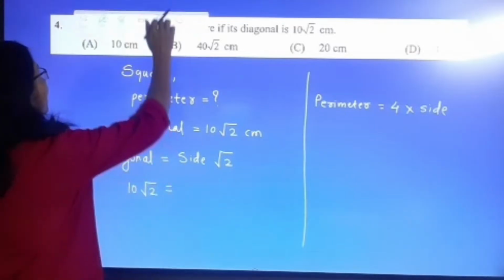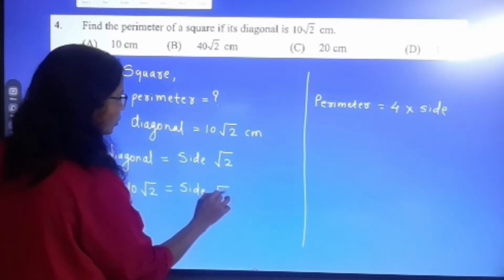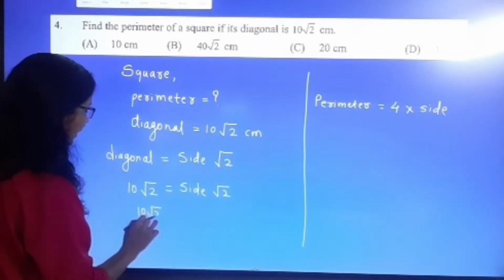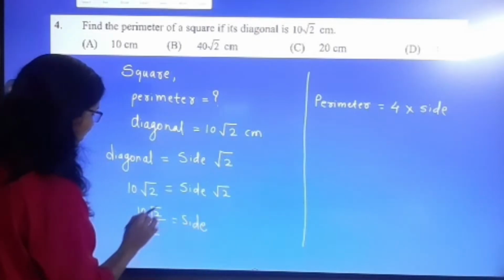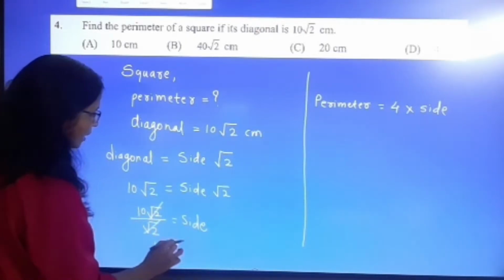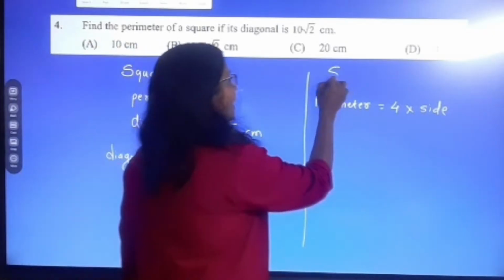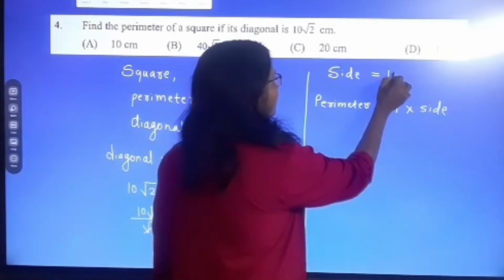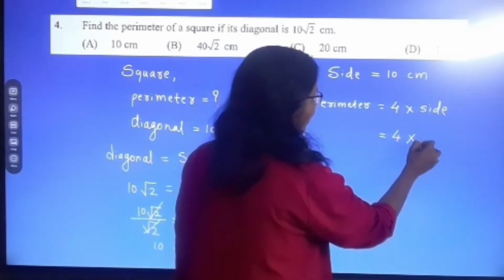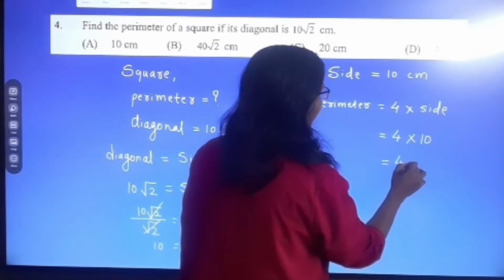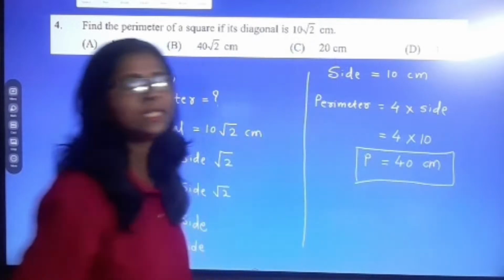Then here students, 10 root 2 is equal to side root 2. So 10 root 2 divided by root 2 is equal to side, and the root 2 gets cancelled. So side is equal to 10 centimeters. That means perimeter is equal to 4 multiplied by 10, which is 40 centimeters. So the perimeter is equal to 40 centimeters.